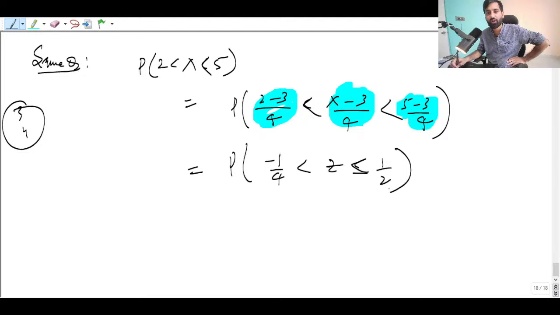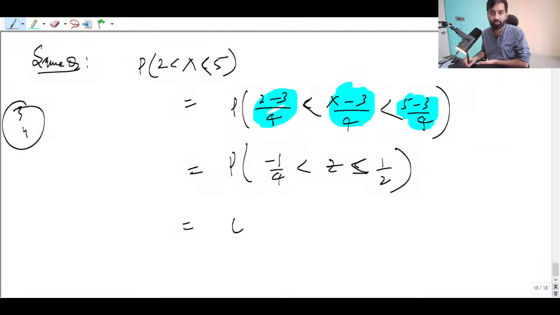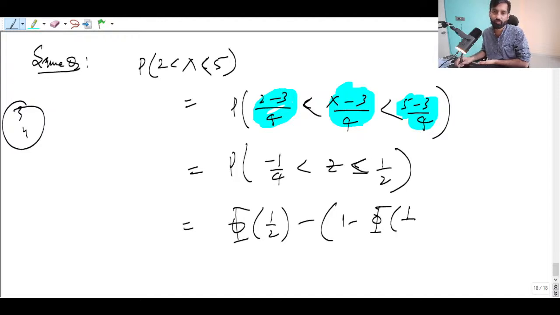So 1/2 now, okay, understand? So you can say that this is going to be, what, guys? This is going to be phi of 1/2 minus of 1 minus phi of 1/4.